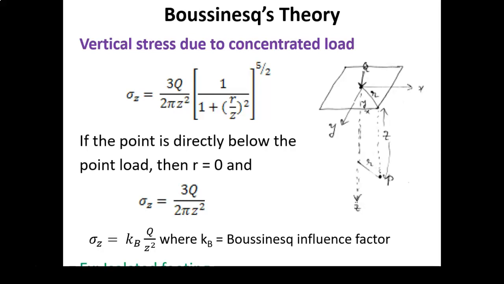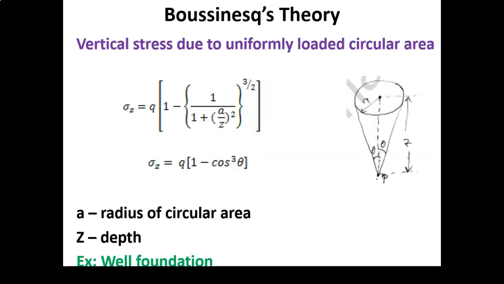The next case is vertical stress due to uniformly loaded circular area. Suppose there is a circular area of radius a subjected to a UDL of intensity q acting at the ground surface.